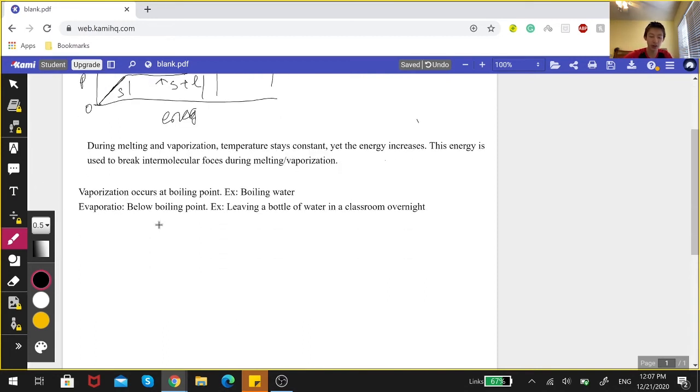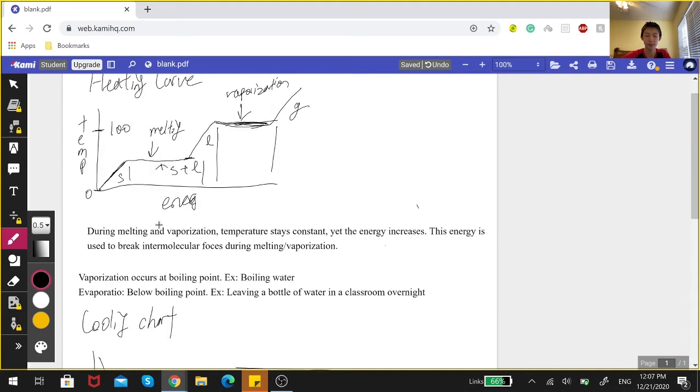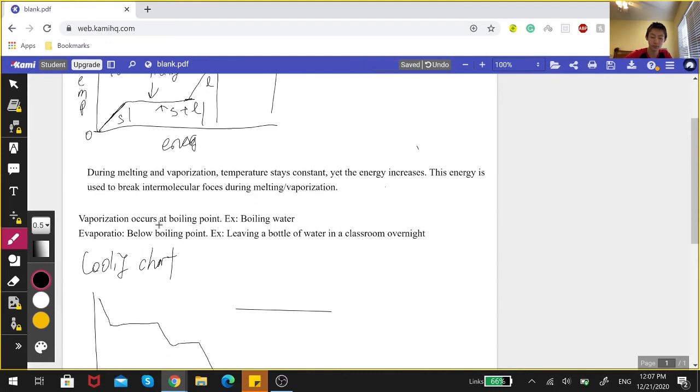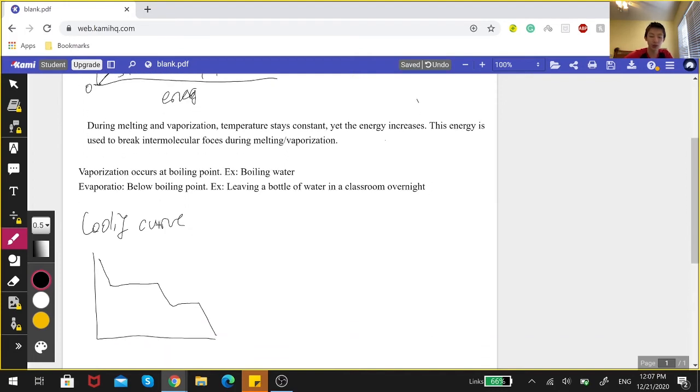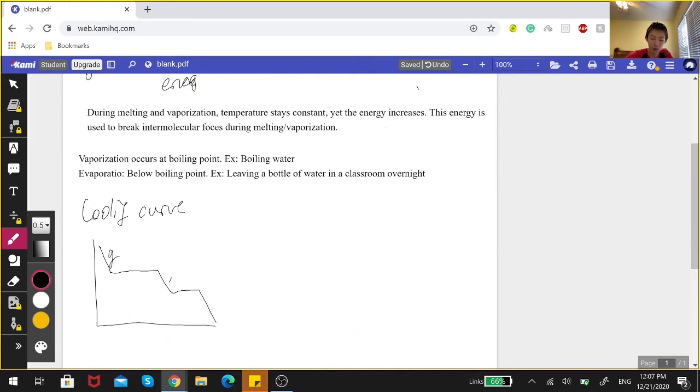Now our second chart is a cooling curve. Just as you might have expected, it looks just like a heating chart, except it's opposite. Again, we go from gas to liquid to solid, and this we call condensation, and this is freezing.